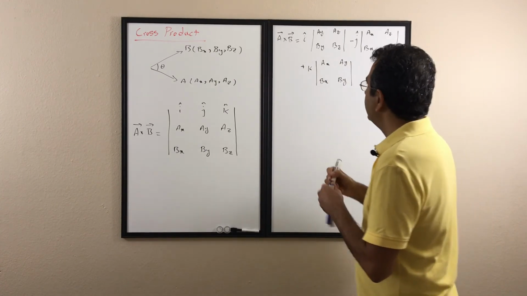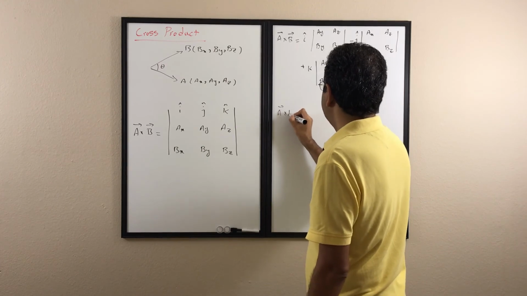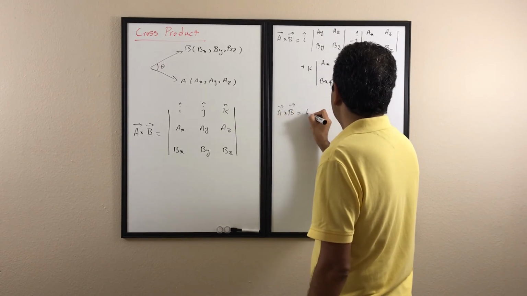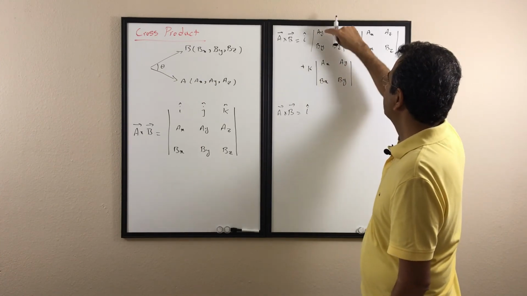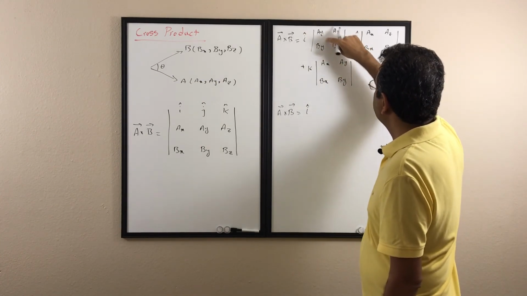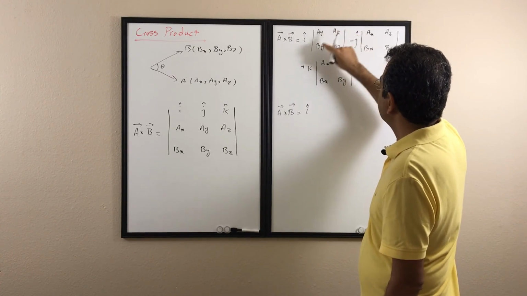And then if we extend that, A cross B is I times the 2 by 2 determinant, which you know is because we multiply these two together and then subtract the multiplication of these two.